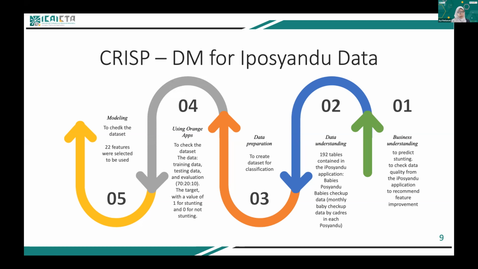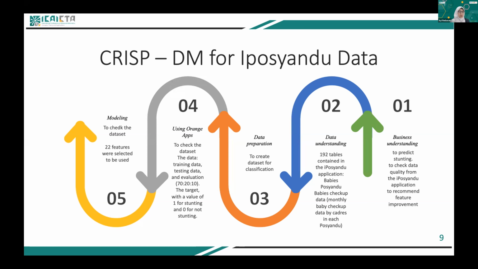So I use the Orange application to help me check the data set and try a preliminary modeling. The data is like for other modeling: we have to divide it into training data, testing data, and evaluation, and we have to define the target value of stunting.